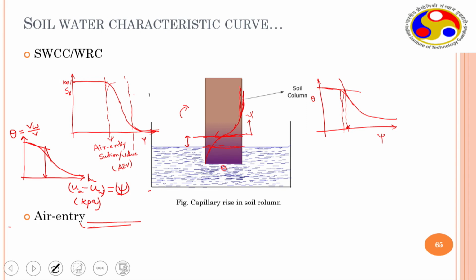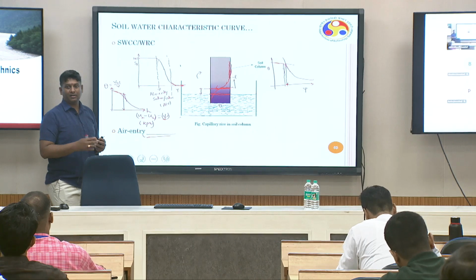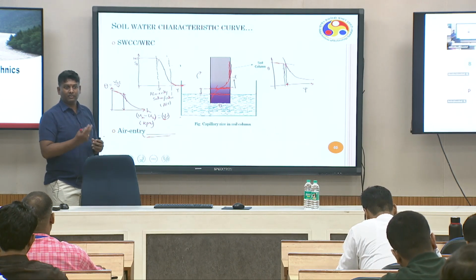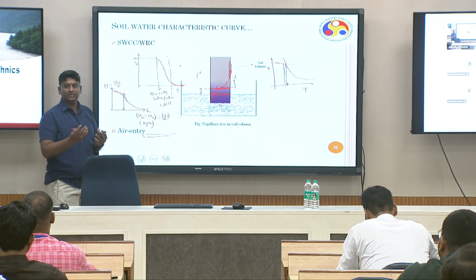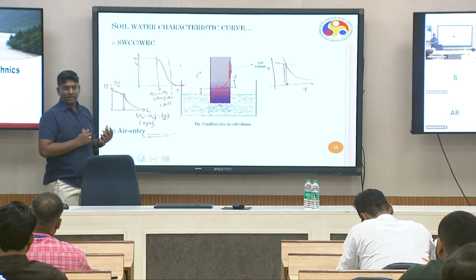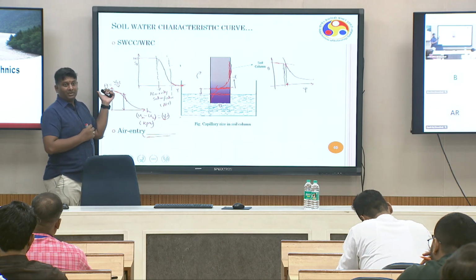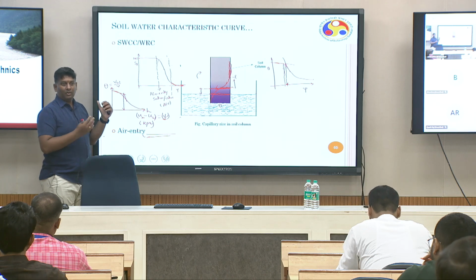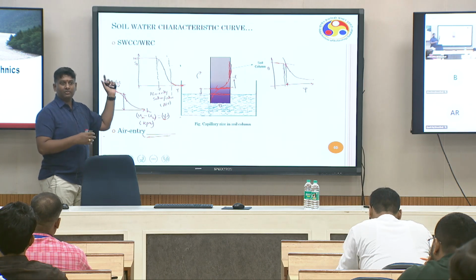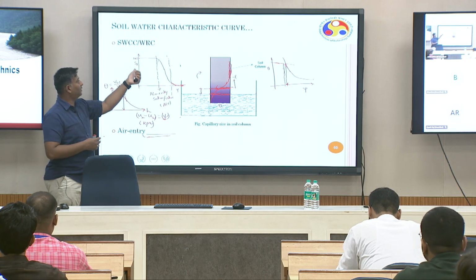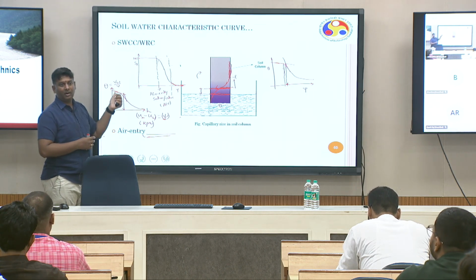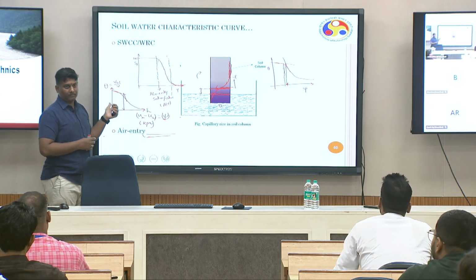You can always convert gravimetric water content to volumetric water content to degree of saturation if you know the volume of the soil mass. So the volume of the soil mass has to be known. Dry density, ρ, should be known. So then we can convert from w to theta, and from there to degree of saturation, everything can be done, right? Because void ratio is required for that, so ρ is required and we can convert easily. That's how we obtain it in terms of degree of saturation or in terms of volumetric water content.